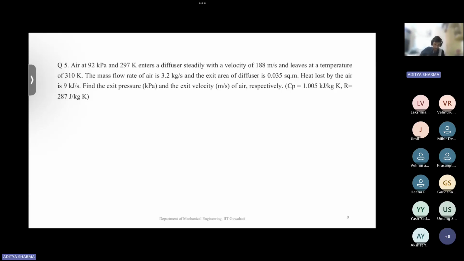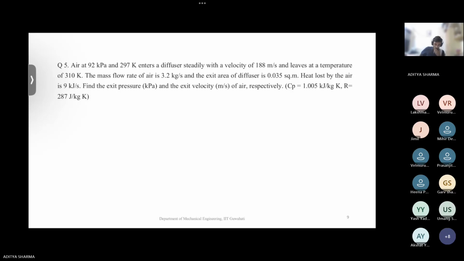We have air at this pressure and this temperature, which is entering a diffuser. So what is a diffuser? There are two devices. One is diffuser, one is nozzle. A nozzle speeds up your fluid, and a diffuser slows down the fluid, right? So that is the fundamental difference between a diffuser and a nozzle.